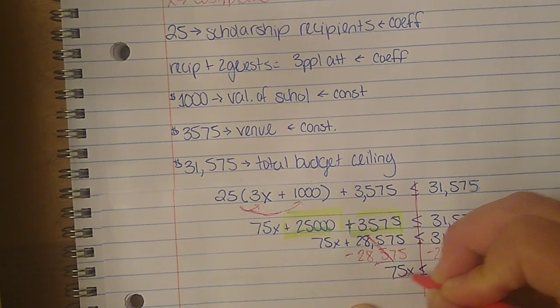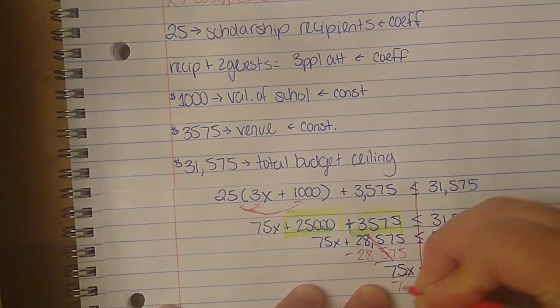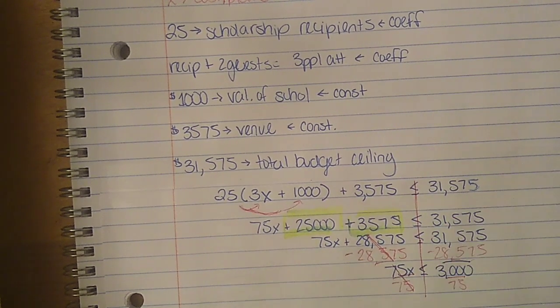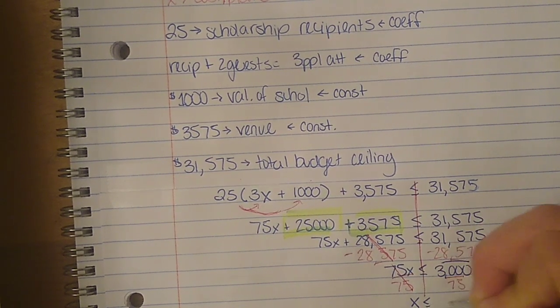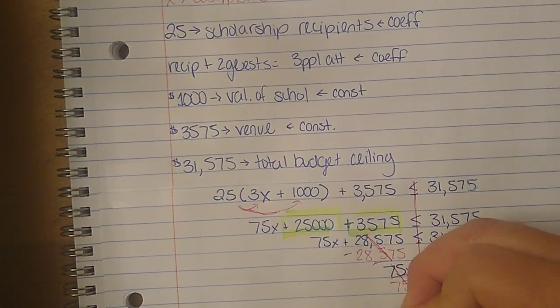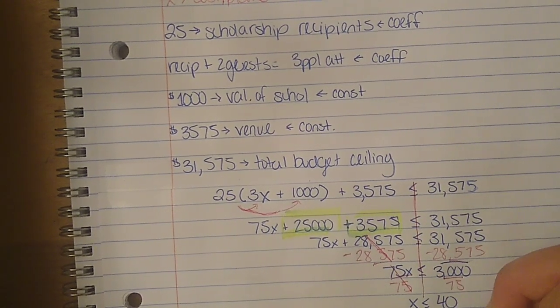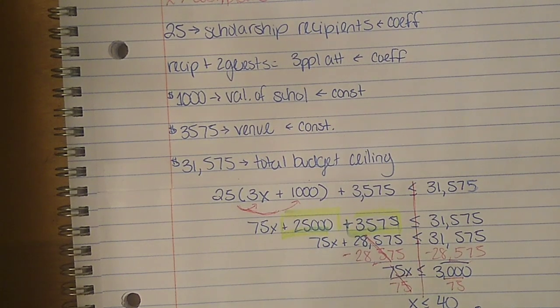Last step, 75x is 75 times x, so now I'm going to divide both sides by 75, and 3,000 divided by 75 is 40. So the cost per plate needs to be less than or equal to $40 in order for our nonprofit to meet its budget requirements.